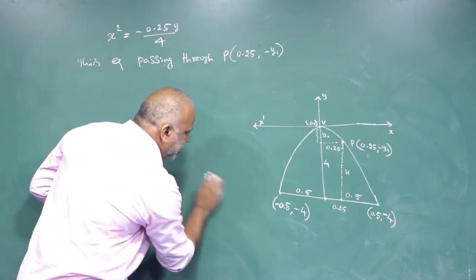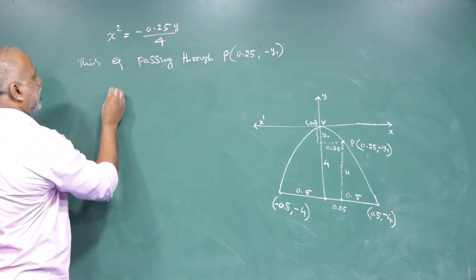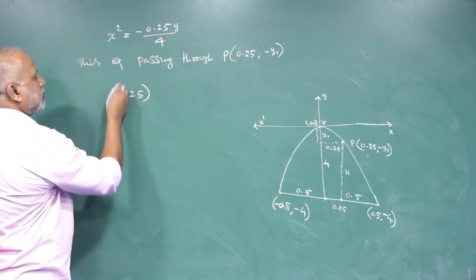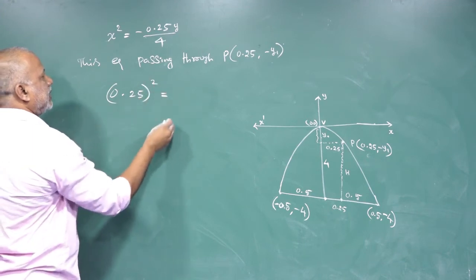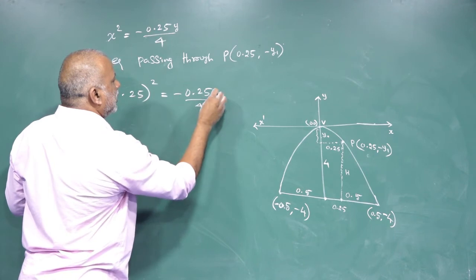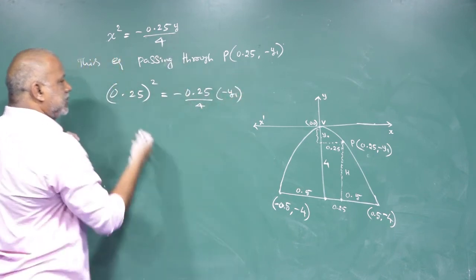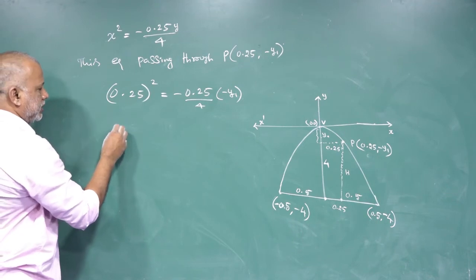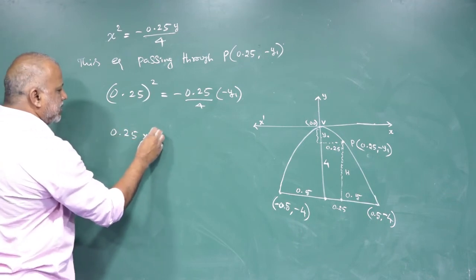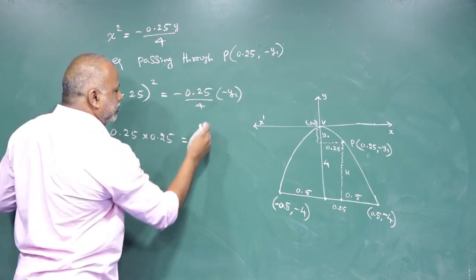An equation passing through a particular point. What is the procedure? You are able to substitute here. Listen carefully. 0.25 the whole squared equal to minus 0.25 divided by 4, the value of y is minus y1. That means 0.25 the whole squared. We can write like this, 0.25. Then here both negatives will be removed.